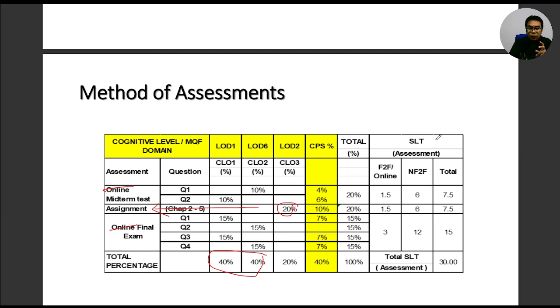We need to document it and ensure that lecturers are not giving overload time for the students to follow our lecture activities from week 1 until week 14.